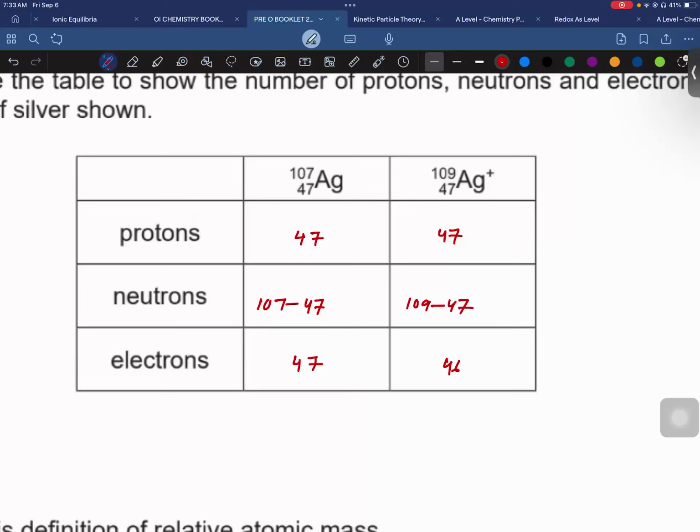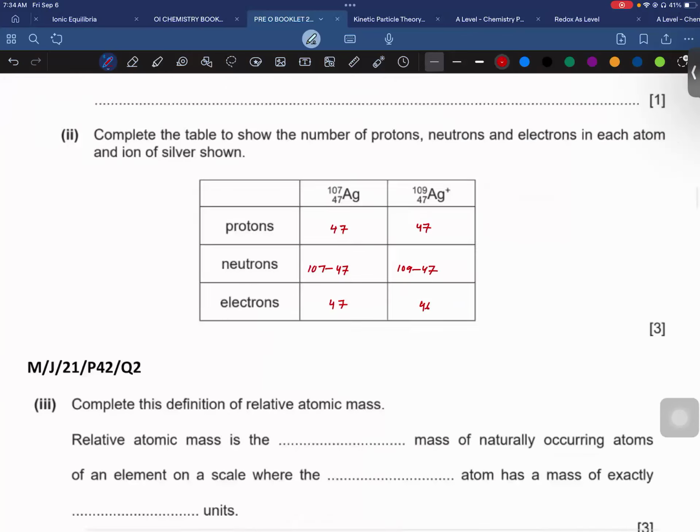Am I right? Yeah, the neutrons will be 60 on the first one, and then the second one will be 62. Good.